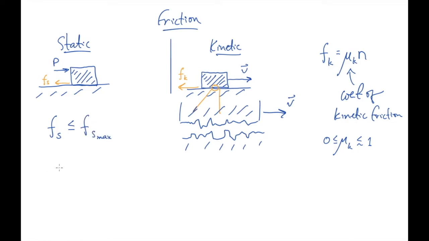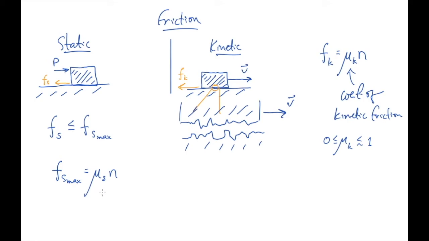What is the maximum value? How hard can static friction push? We model it very similar to this. There's a coefficient that lumps all the material-specific things, how rough, how smooth, whatever, into a coefficient of static friction. And we say it's proportional to the normal force also.